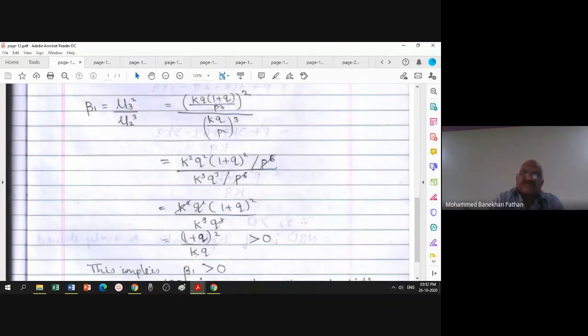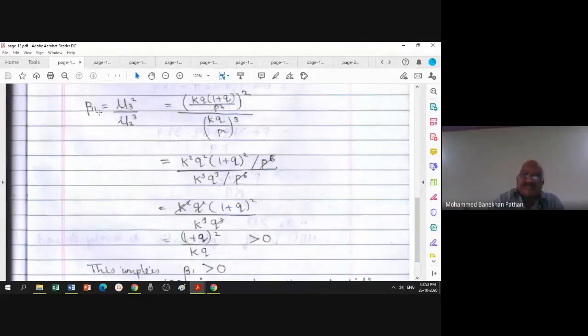K is the number of successes. It always begins from 1. So it is also positive. Q is also positive. So this whole expression gives a positive value. That means for any value of K, any value of Q, beta 1 is always greater than 0.